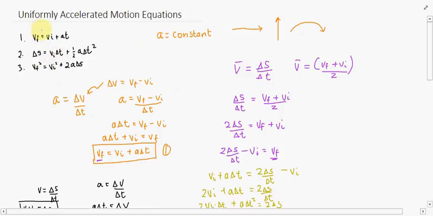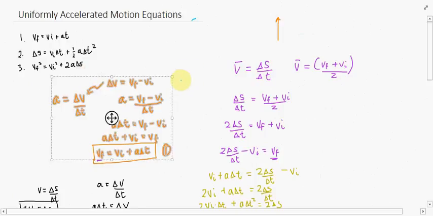So if you notice, let's just try and create some space here. Let's just see what I can do. Okay, I'll try and delete some of this stuff. And let's see if I can delete some of this stuff here.